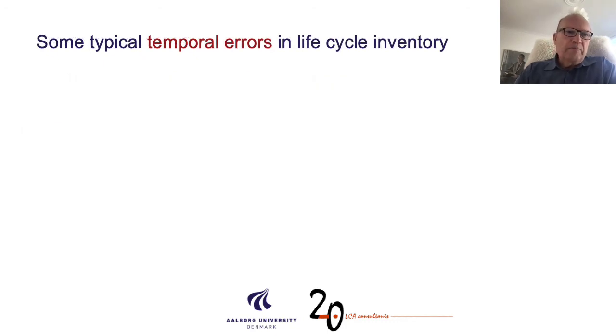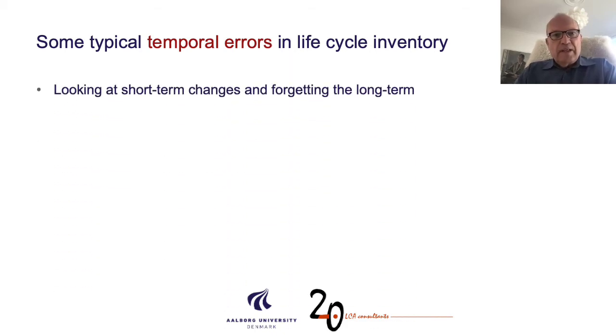The topic of this session is temporal issues in lifecycle assessment. We'll deal with some of the typical temporal errors in lifecycle inventory. One is looking only at short-term changes and forgetting the long-term.